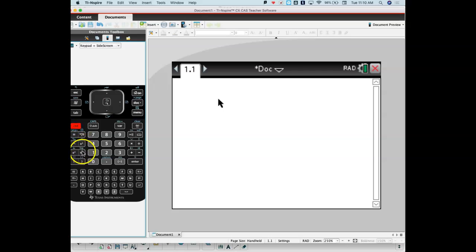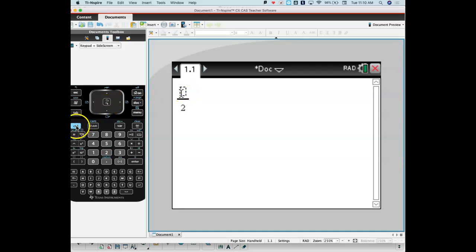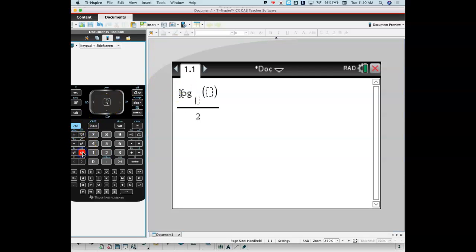I want to do a fraction because I got a fraction. My fraction is going to be over 2. On top, I'm going to go log base 3 halves of 17/4 and then plus 3.